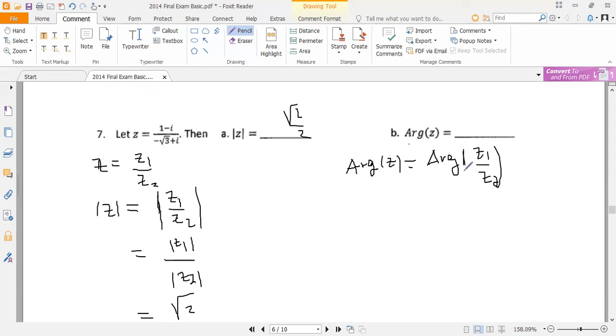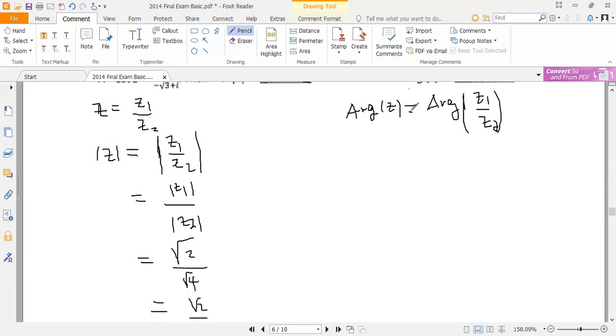So the argument of z1 over z2, by the property of an argument, is the argument of z1 minus the argument of z2.